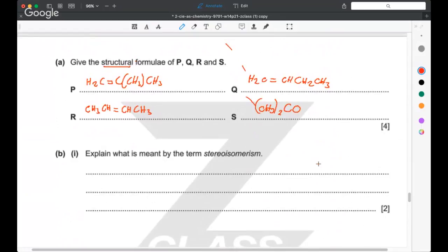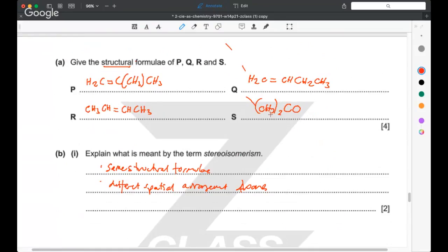The points that the examiner is looking for there is that when you have stereoisomerism, you have molecules which have the same structural formula, or the same structural formulae, but different spatial arrangement of bonds.